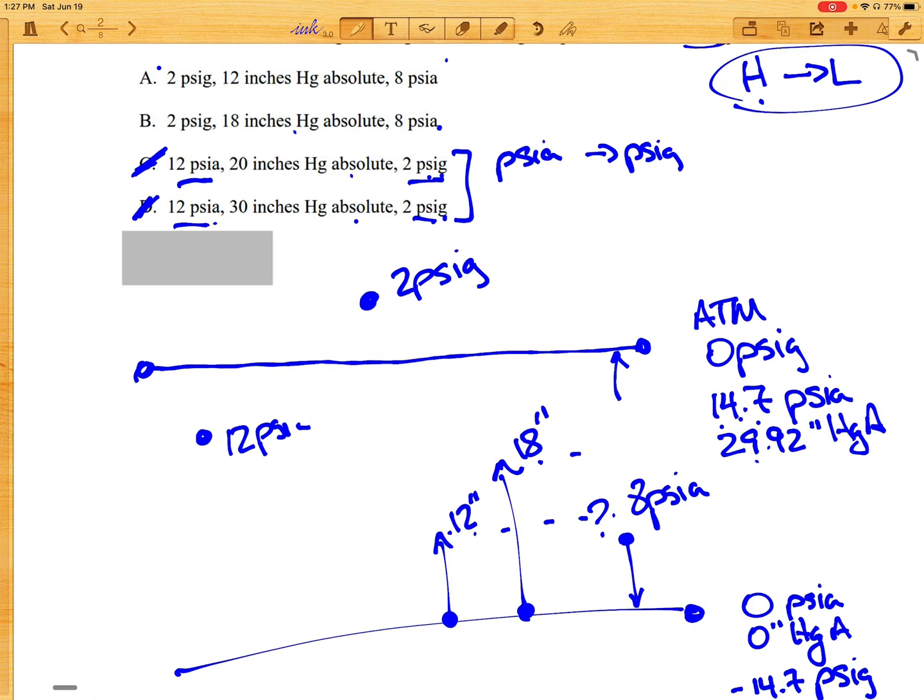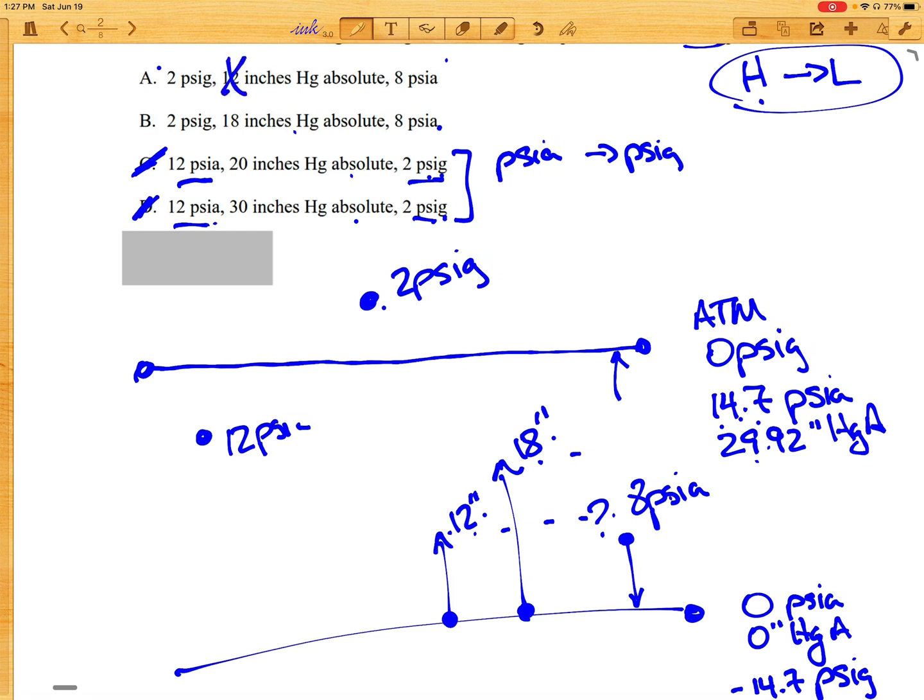I won't even bother looking up what 8 PSIA is compared to inches of mercury absolute. I don't have to. I know it's lower because the answer is going to be the lowest, going from highest to lowest. If we go from 2 PSIG to 18 inches of mercury absolute to 8 PSIA, that would be higher than 2 PSIG to 12 inches of mercury absolute to 8 PSIA.